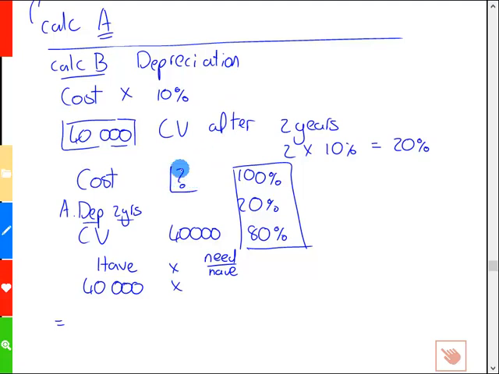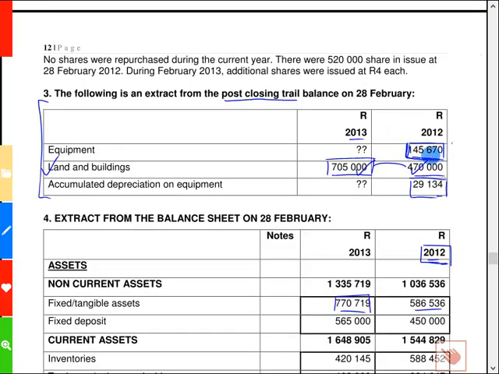We want to find out the cost for this specific asset that was sold, because once we know what this cost is, we can compare that to this cost of all the computer equipment, because we know this represents the equipment that was sold and it represents the other equipment. Okay, so if we can find the cost price of the sold equipment, we can figure out what's the cost price of the other equipment.